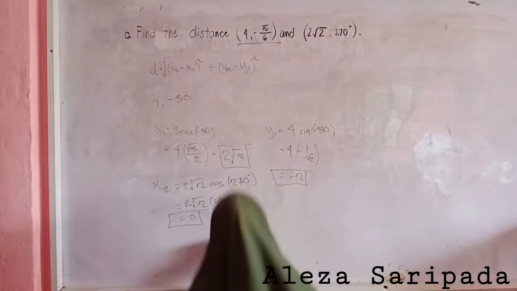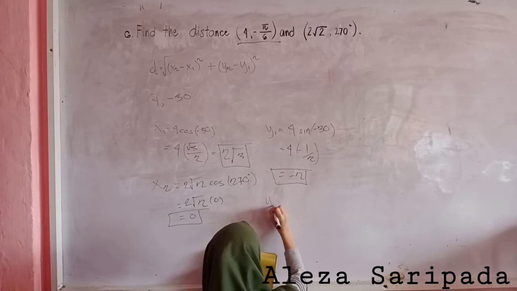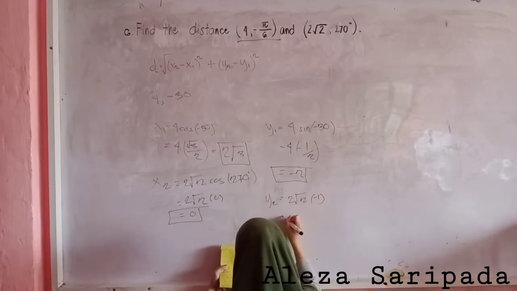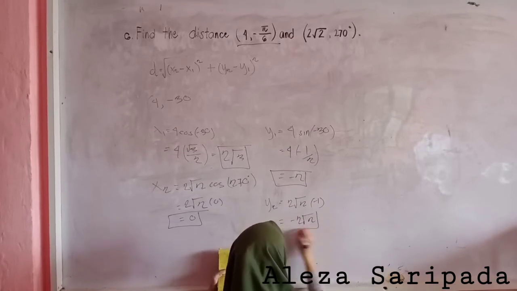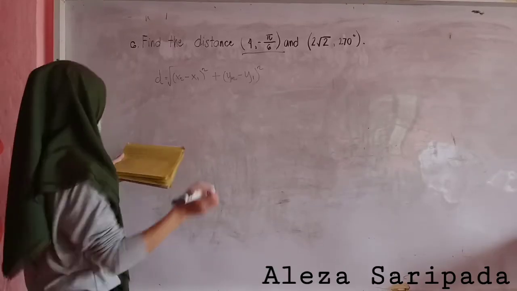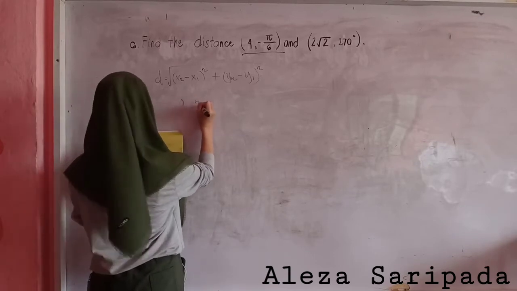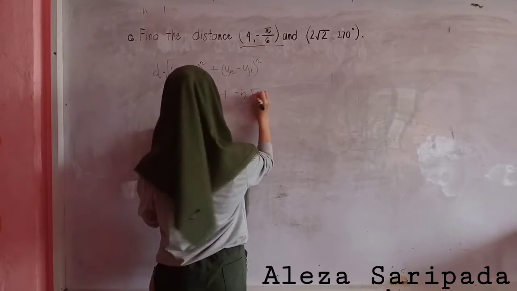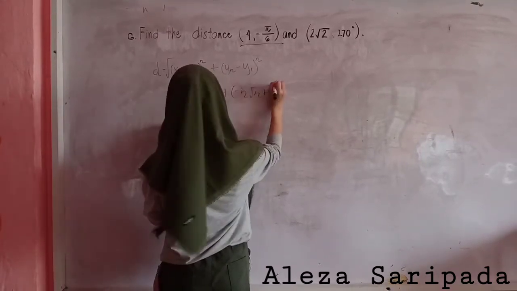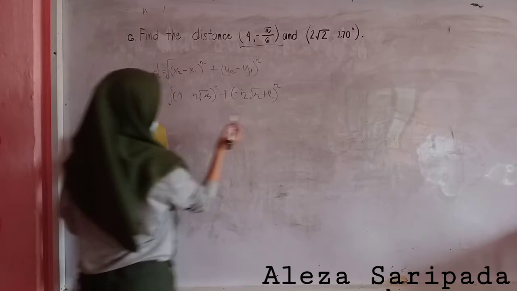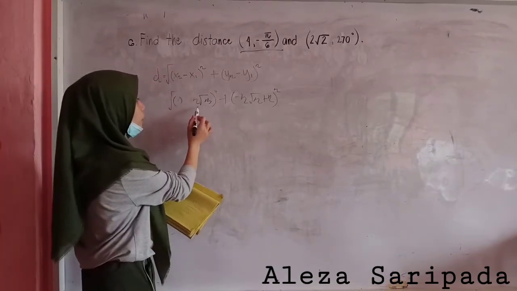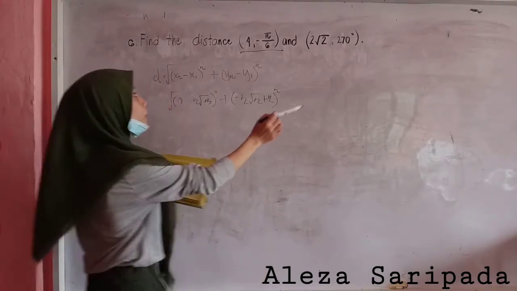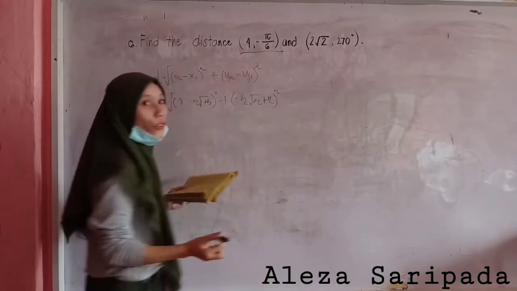The next one is y sub 2, 2 square root of 2 sine 270, negative 2 square root of 2. Itong 0, negative 2 square root of 3, ito po ay nanggaling doon sa dinconvert natin na 4, negative 5 over 6.